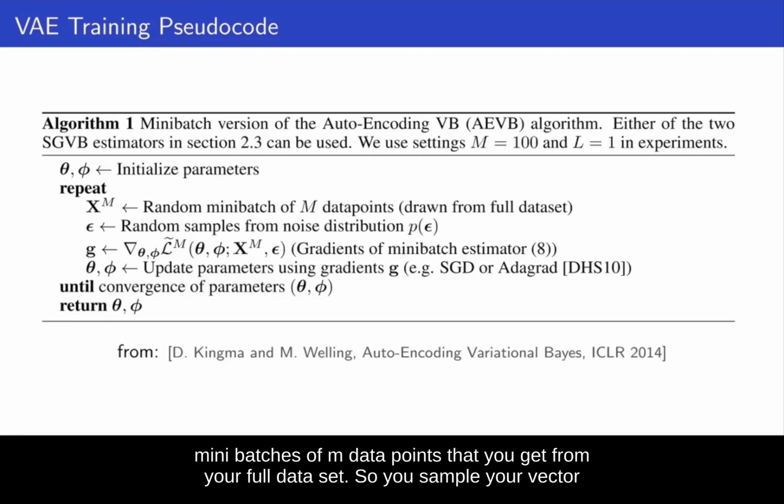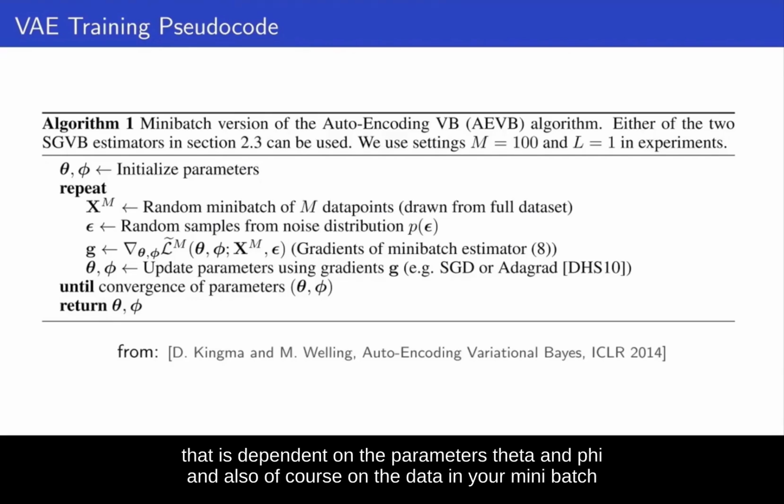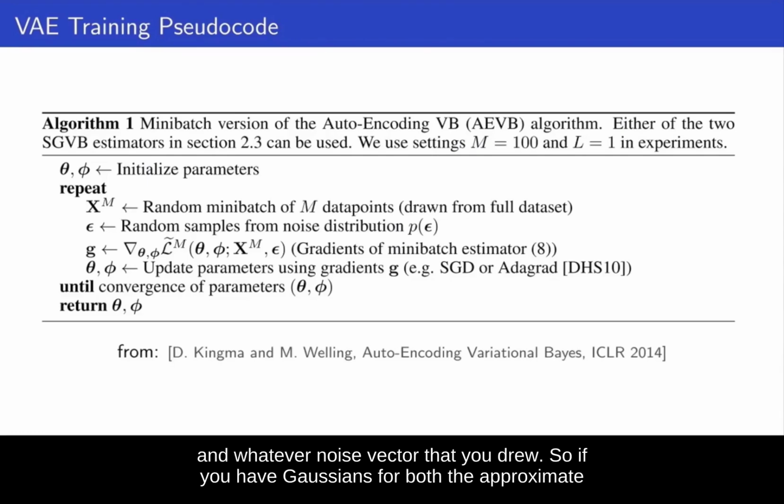You sample your vector epsilon from your noise distribution, P of epsilon, and then you compute the gradients of this ELBO that depends on the parameters theta and phi, and also of course on the data in your mini batch and whatever noise vector you drew.